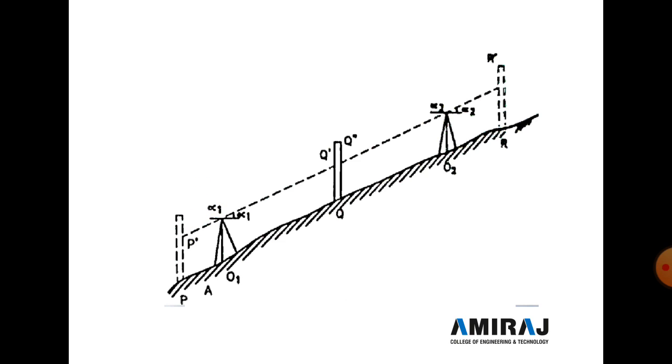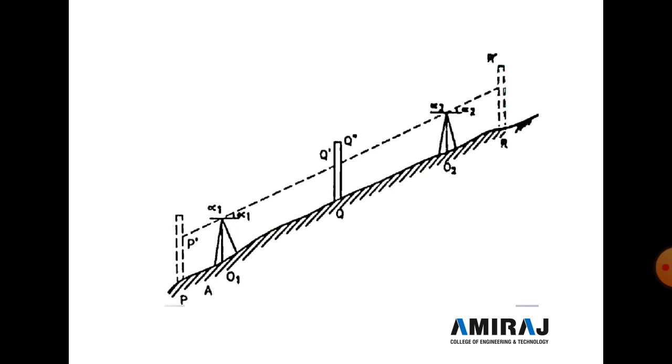Last time alpha 1 was in a downward direction, now alpha 1 is in an upward direction. Measure the slope distance PQ between P and Q, and RL of Q is equal to RL of P dash plus PQ sin alpha 1 minus Q dash.